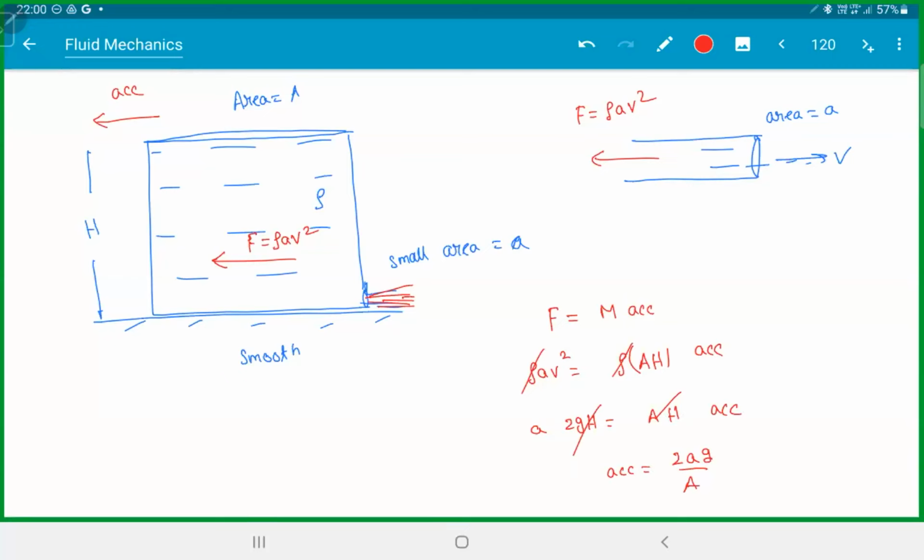Is this clear, everyone? Check it out. Clear?